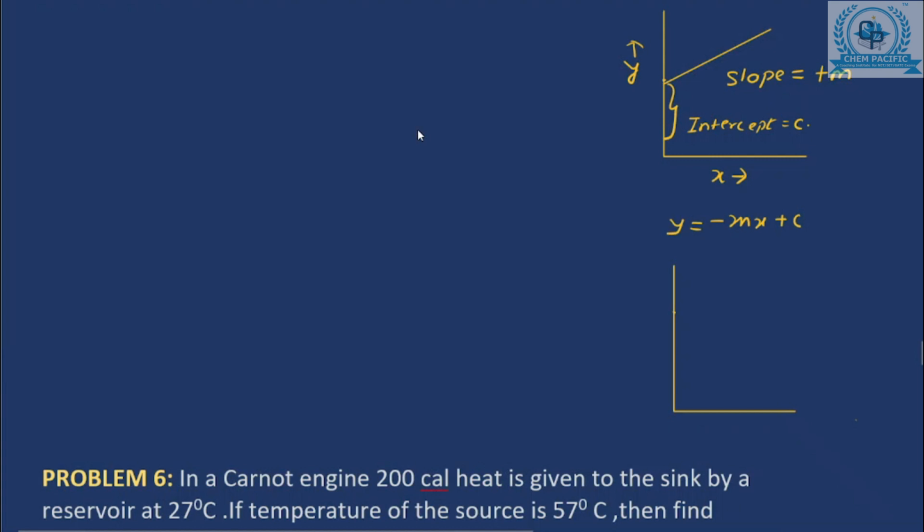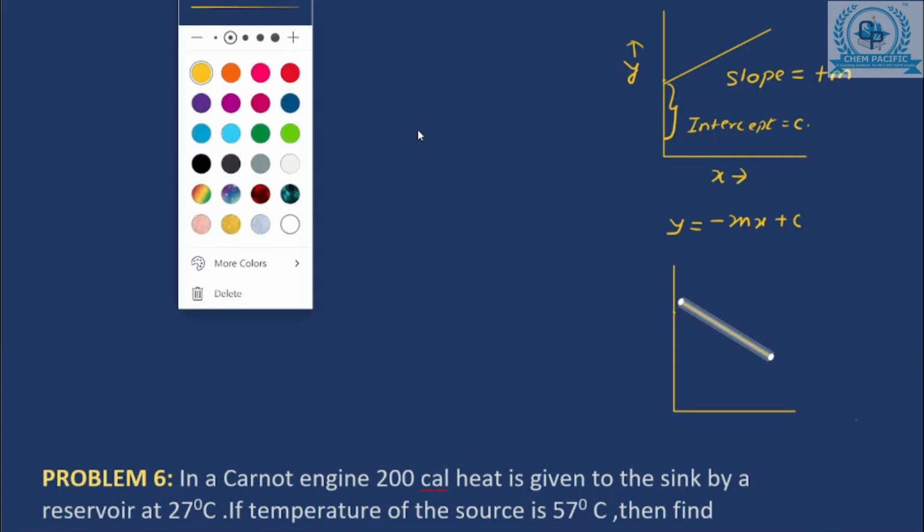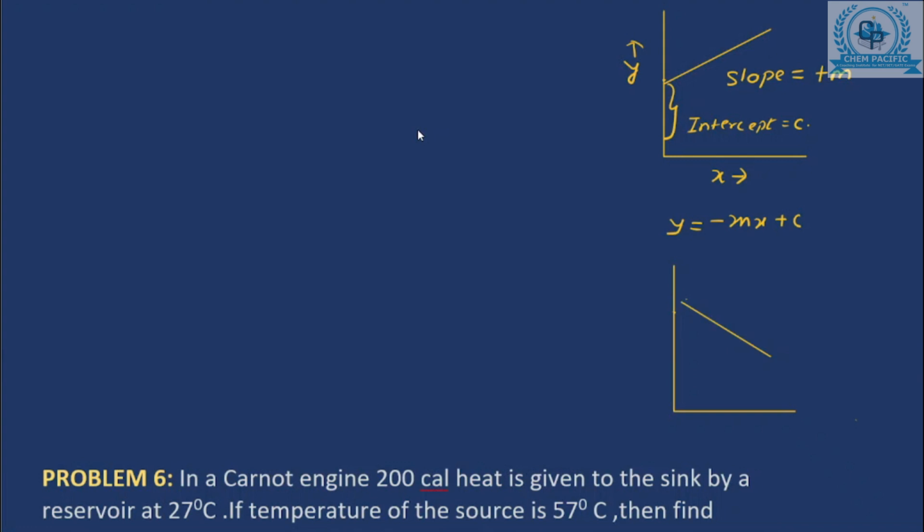You have this y-axis and this x-axis, and then you say you are having a negative slope, and it is minus m. Again, the intercept is also c in this case.